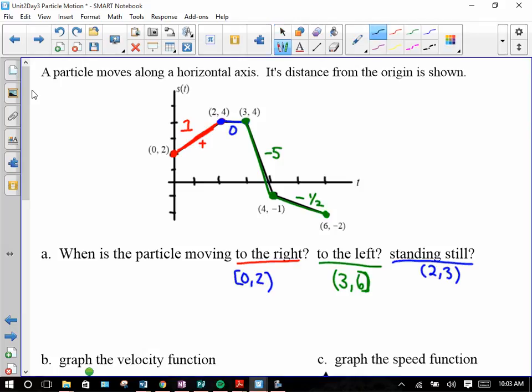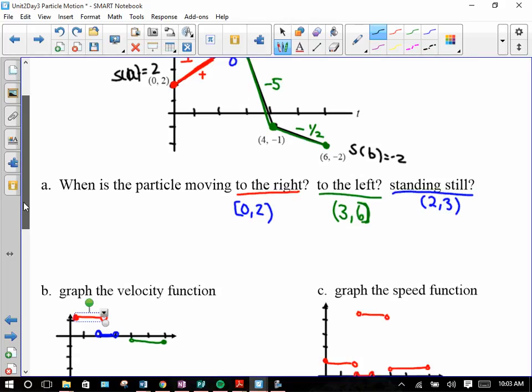What y value do we initially start at? 2. So S of A is equal to 2. What was our final position? Negative 2. So S of B equals negative 2.